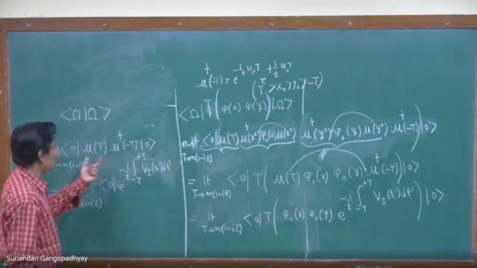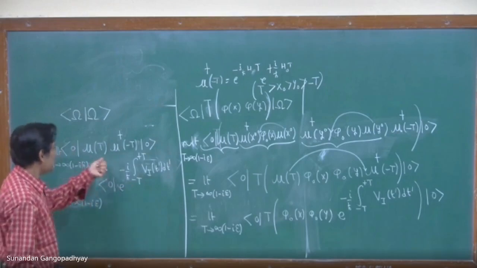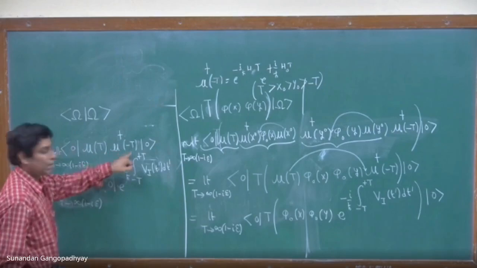There is no need to put a time order. You can put a time order, but these are already time ordered expressions, and t is a later time than −t. Therefore, this expression will be this, right?